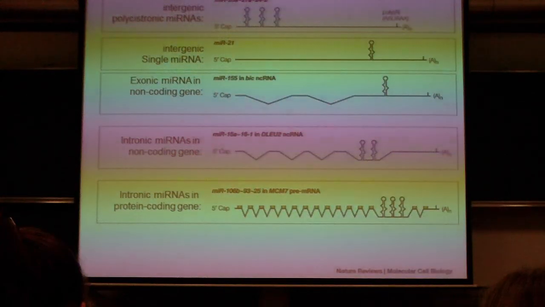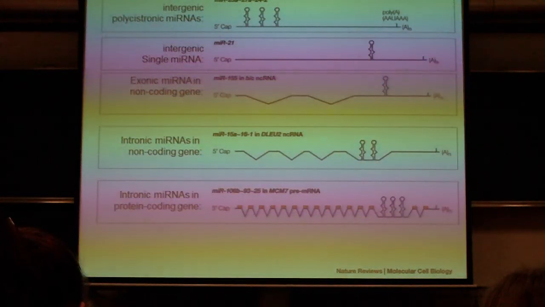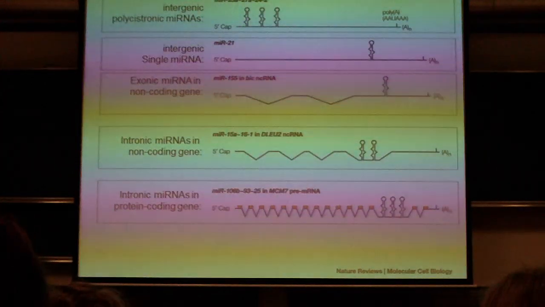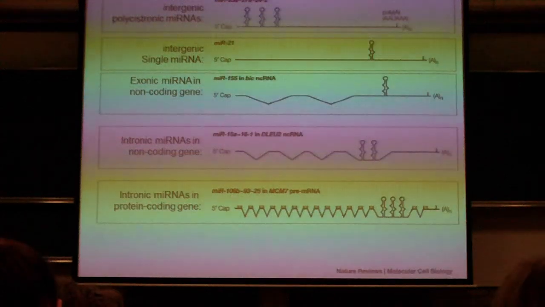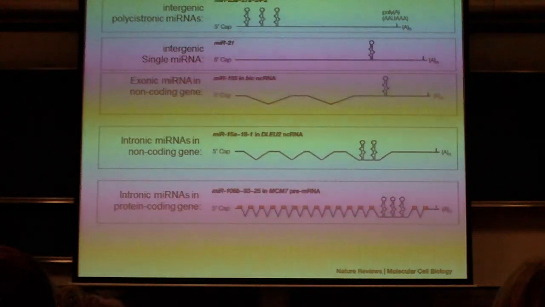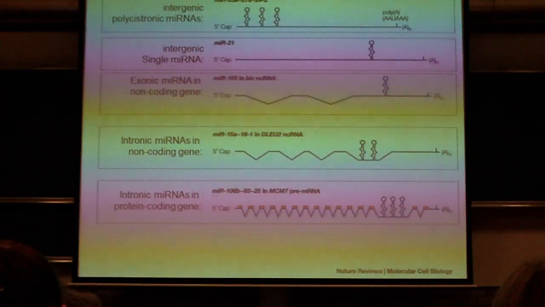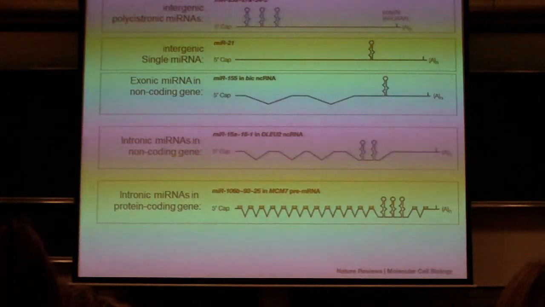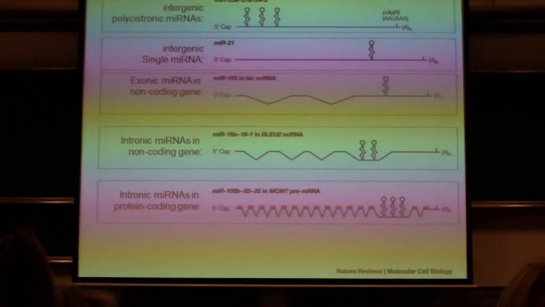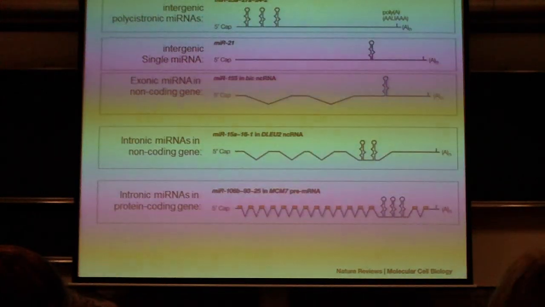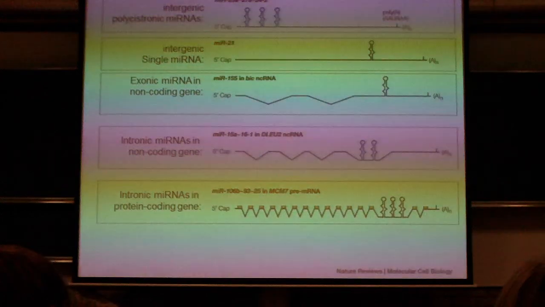But I'll try to hold it through to the rest of the talk. Then the other group of RNAs is the intergenic single microRNAs. It's very simple, it's one microRNA encoded by one gene. There's nothing special about that. The exonic microRNAs in the non-coding gene, an example of that is microRNA 155, which is encoded in the non-coding BIC gene.